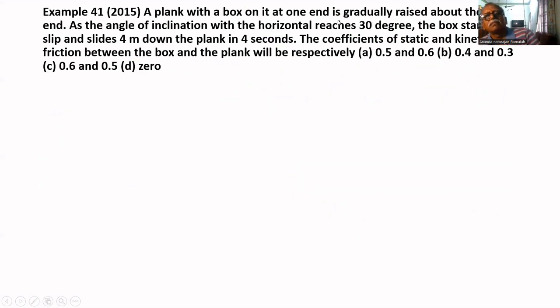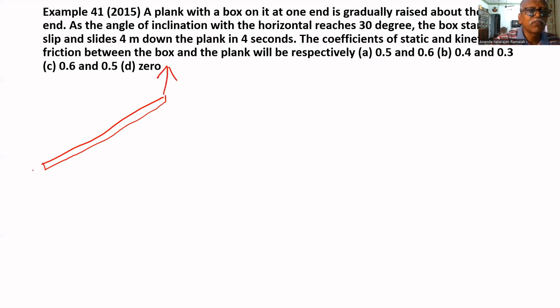A plank with a box on it at one end is gradually raised. This end is raised. This is on the floor. Gradually raised about another end as the angle of inclination with the horizontal is 30 degree.